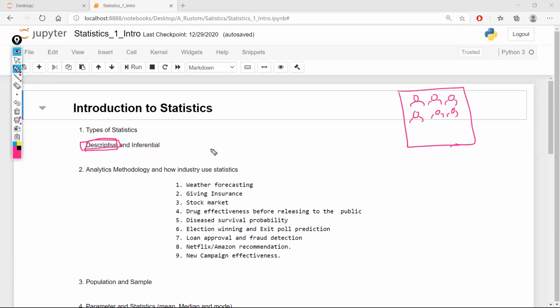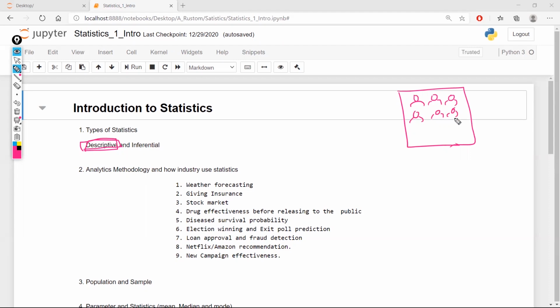The name itself says descriptive, describing. If you are able to describe any data, then I can call it descriptive statistics, without any statistical tools. That is what descriptive is.